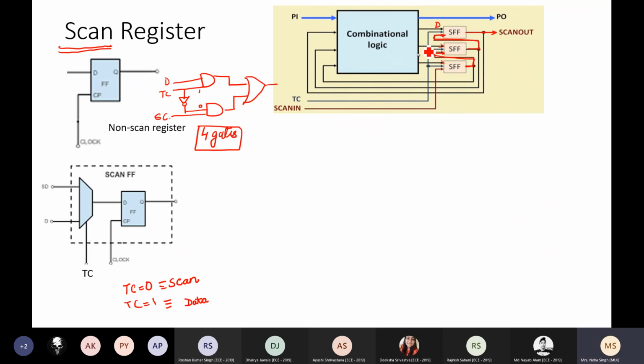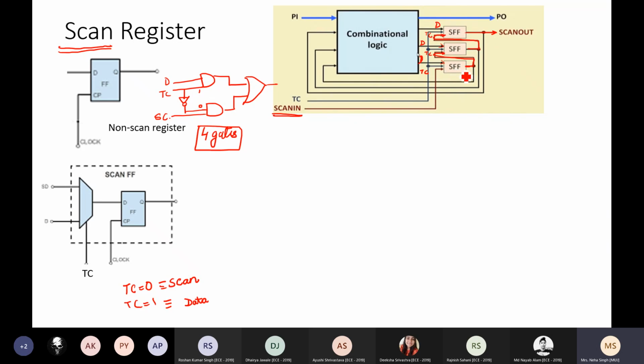These black lines are my data lines. I have given a control signal TC to each flip-flop. So these gray lines are TC. If TC is 0, scan. If TC equal to 1, transmit data. Okay? Data is coming to each individual flip-flop. But if TC equal to 0, then I provide some scanning data through these brown lines. This brown line becomes input to the first flip-flop only, so whatever I give here is given to this first flip-flop.